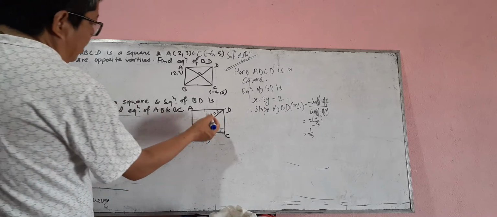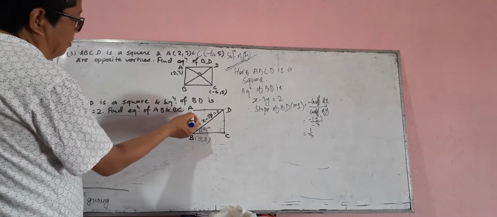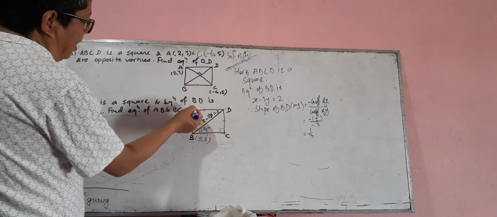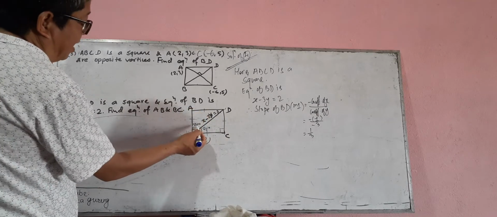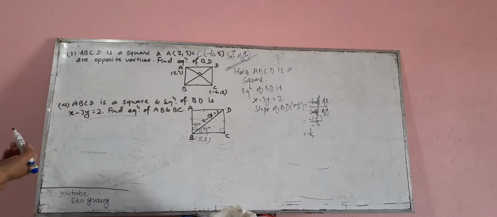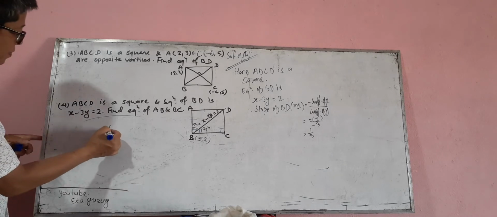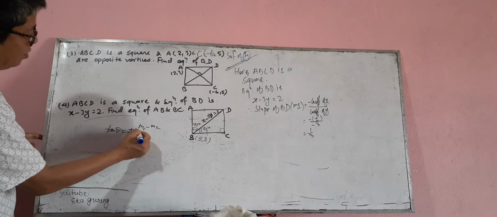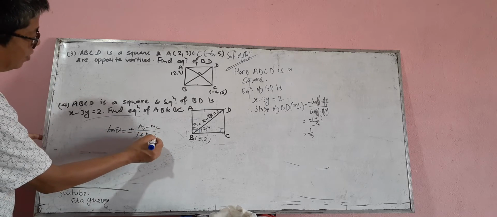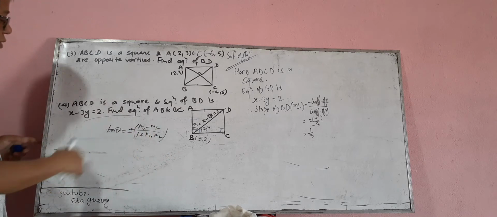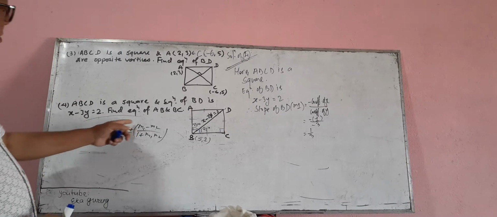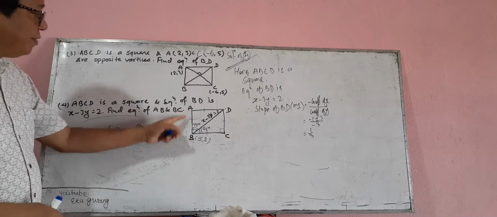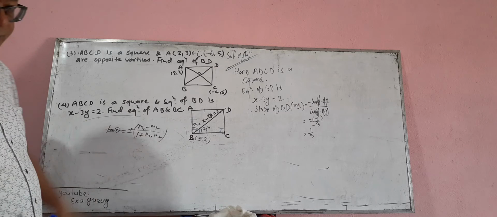So this line, x minus 3y equals 2, and AB intersect at 45 degrees. So we can use the formula tan theta equals plus minus m1 minus m2 divided by 1 plus m1 into m2. From this we can get the slope of AB and BC.